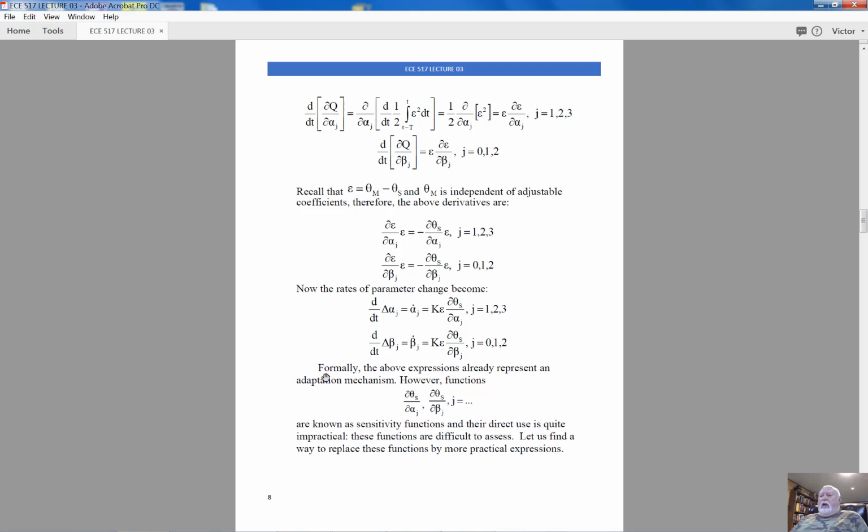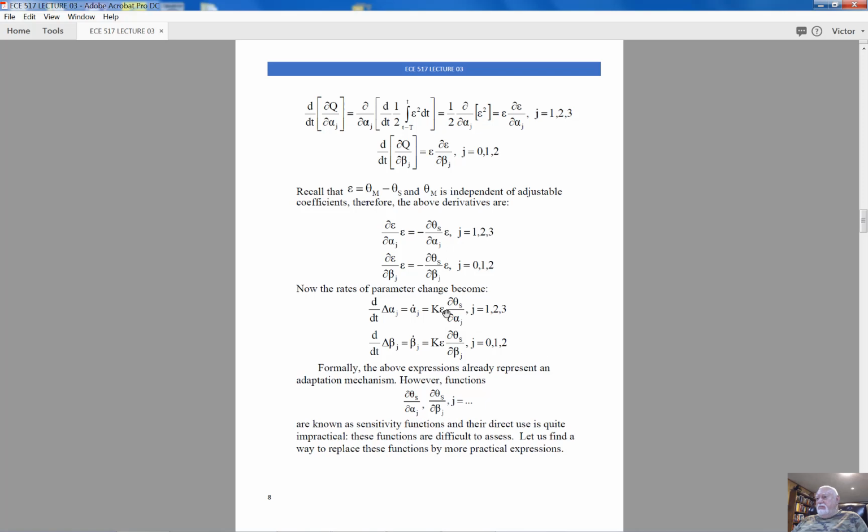Formally, we can use these expressions as the components of the adaptation mechanism. Actually, this is the adaptation mechanism, because if we integrate these expressions, we will be able to obtain alpha 1 star, alpha 2 star, alpha 3 star, and so on. We will be able to get to the minimum point, at least theoretically.